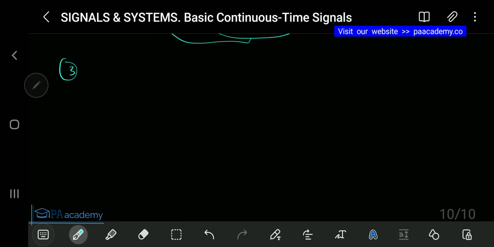So for the third one now, we are looking at the rectangular pulse function. So let me write that. The rectangular pulse function.